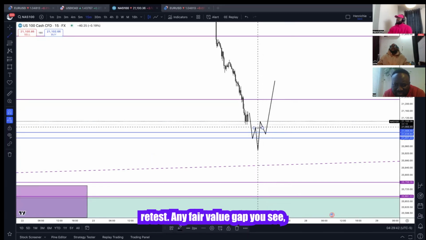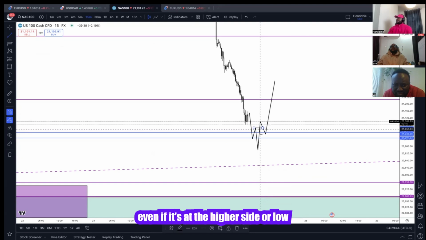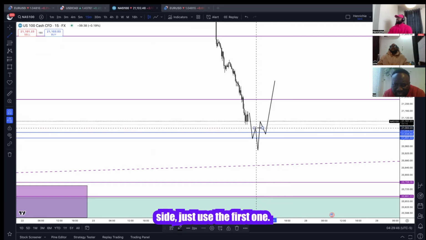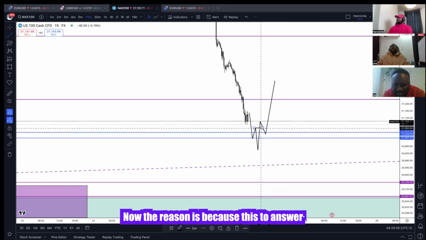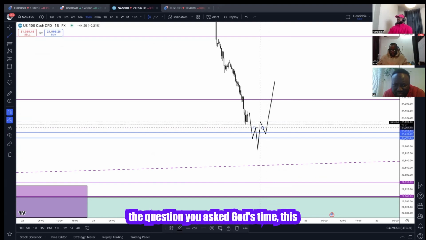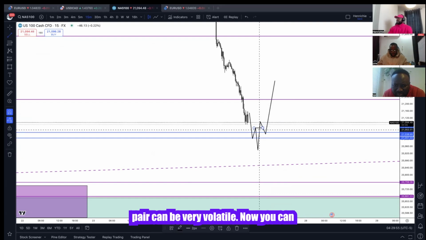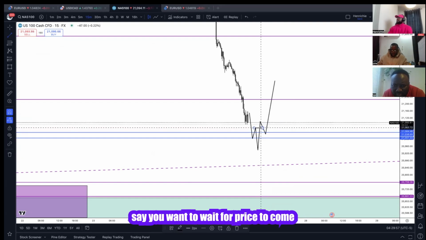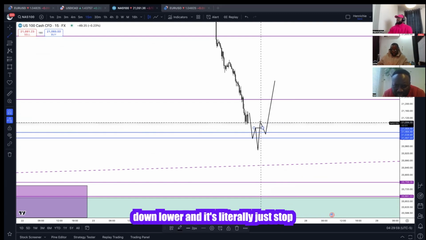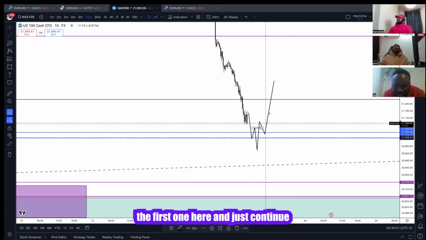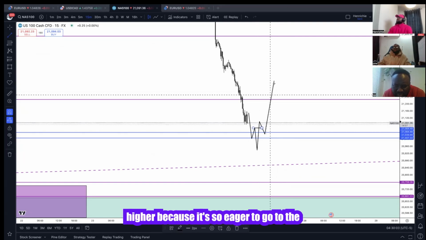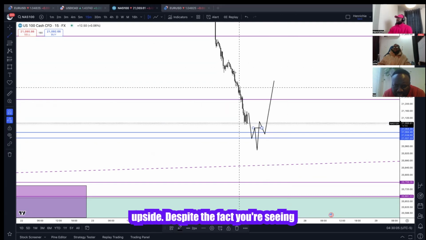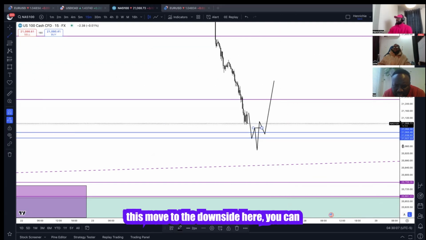Any fair value gap you see, even if it's at the high side or low side, just use the first one. The reason is that this pair can be very volatile. You can say you want to wait for price to come down lower, and it will literally just tap the first one here and continue higher because it's so eager to go to the upside, despite the move to the downside you're seeing here.